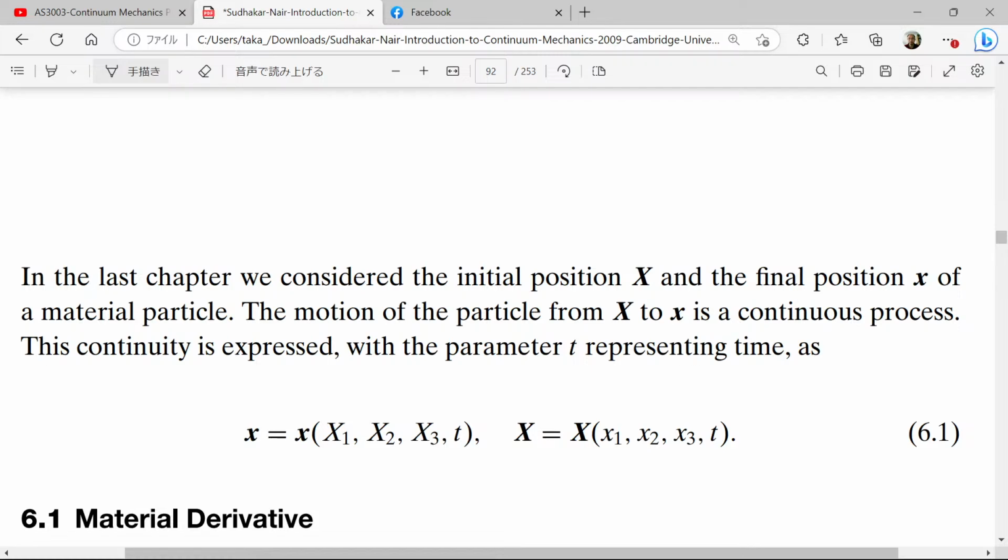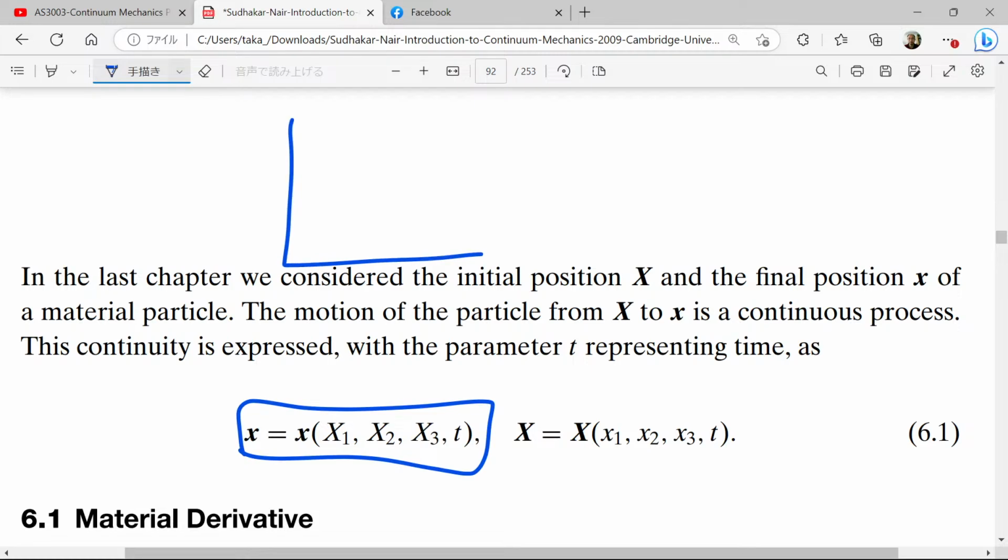The motion of the particle from X to small x is a continuous process, and this continuity is expressed with the parameter t representing time. I think this makes sense, right? This is just a movement of a particle.